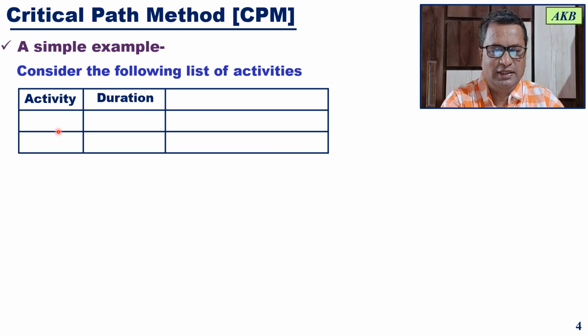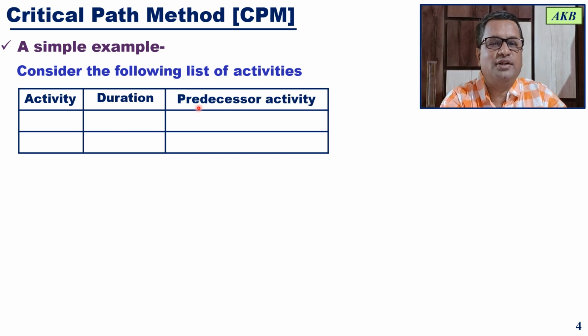So I have information about each activity: the duration of each activity, and also which one is the predecessor activity. First activity is activity A, and let us say the duration of this activity is dA. This is just a notation. Duration could be in days, weeks, months, and so on.